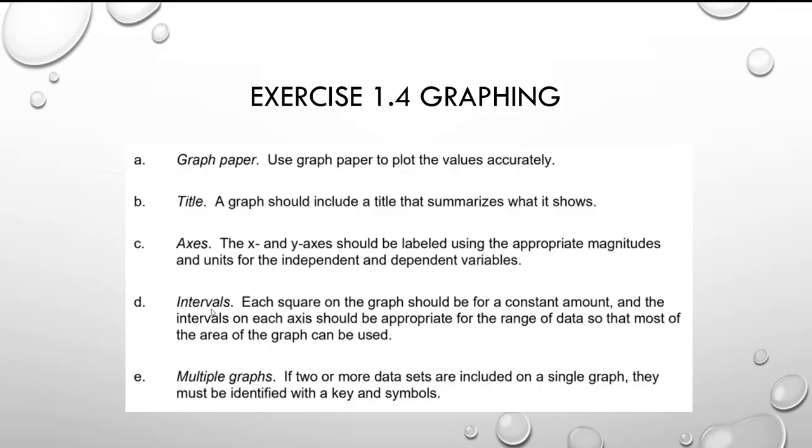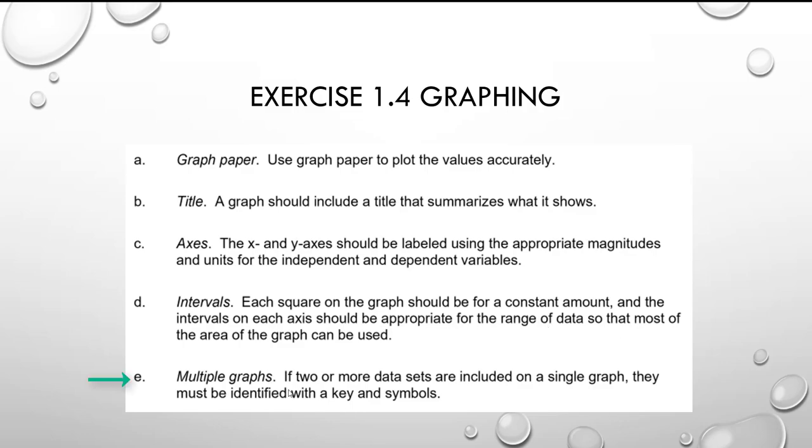Make sure your intervals are even, okay? You can't go on the x-axis 2, 5, 9, 23, 59. That's not an accurate range. You have to have an even range, 5, 10, 15, 20, 25, 30 for each of the intervals. So it has to be of a constant amount.